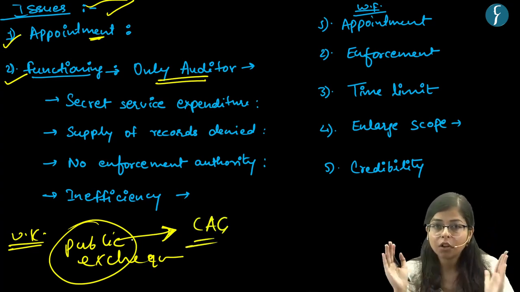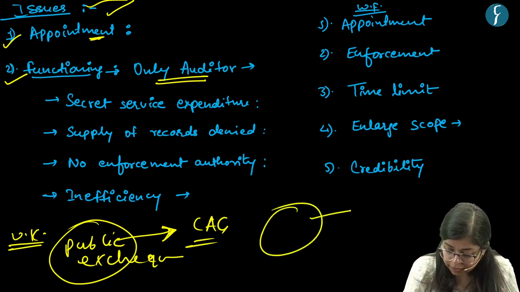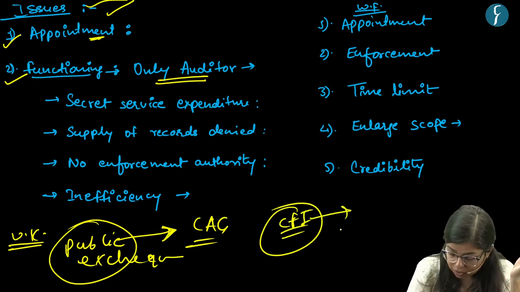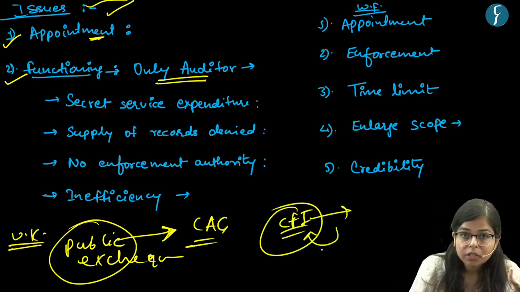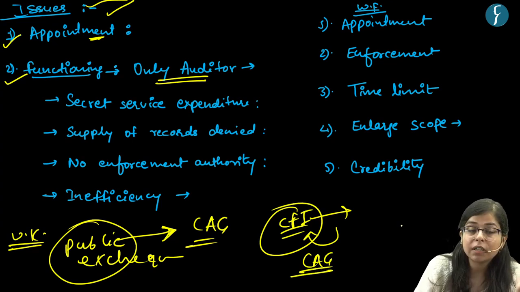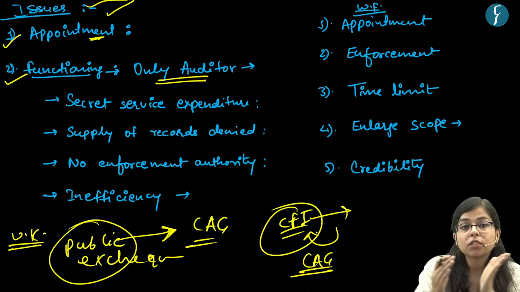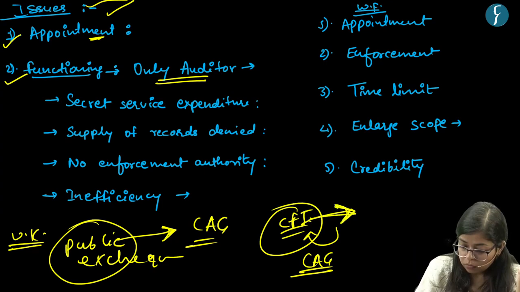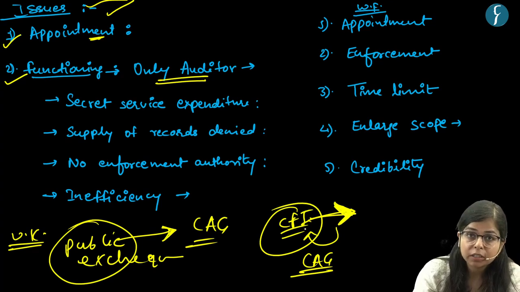But in India, this is not the same, right? In India, if the government wants to withdraw funds from the CFI, there is no role of the CAG in it, right? There is no prior permission. The government does not have to seek the permission of the CAG prior to taking out funds from the Consolidated Fund of India.